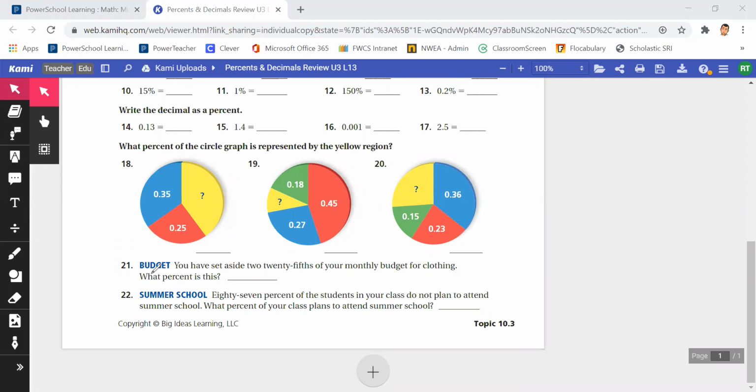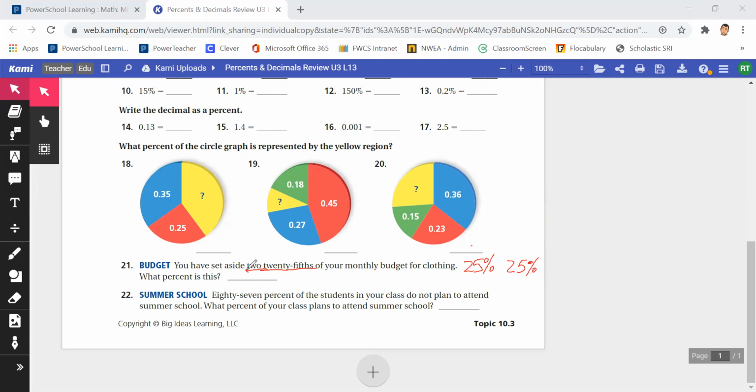Let's look at number 21. You have set aside 2/25 of your monthly budget for clothing. What percent is this? So 2/25 of your monthly budget. So that means that you're going to do 25th or 25%, and then another 25%.